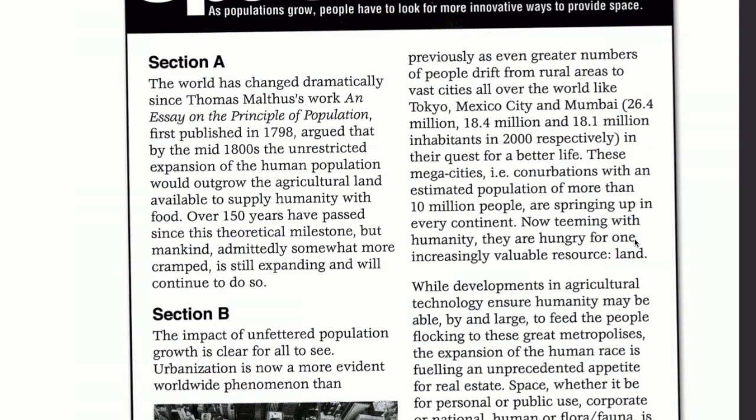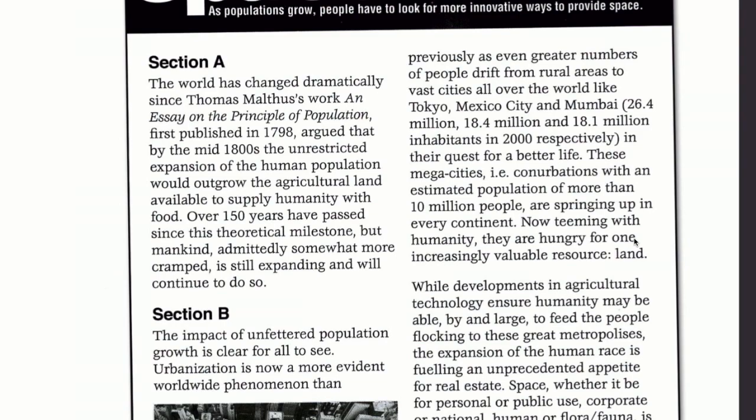It means that the writer is trying to say the influence of overgrowing population is clearly visible. Urbanization is now a more evident worldwide phenomenon than previously, as even greater numbers of people drift from rural areas to vast cities all over the world in their quest for a better life.